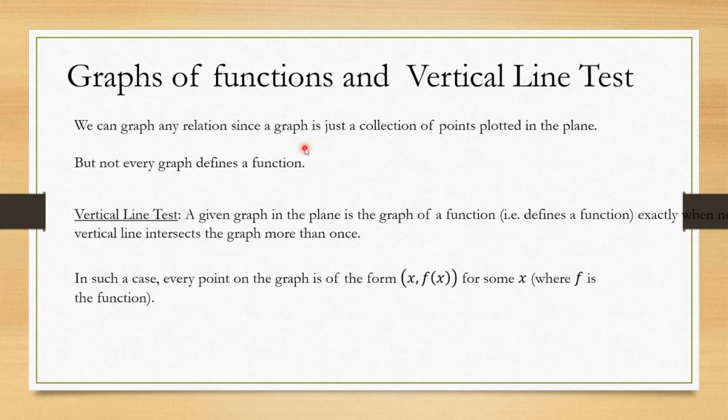Does that happen? Some kind of test? Well, we have this vertical line test for a graph. Basically, a given graph is the graph of a function if every vertical line intersects the graph at most once.